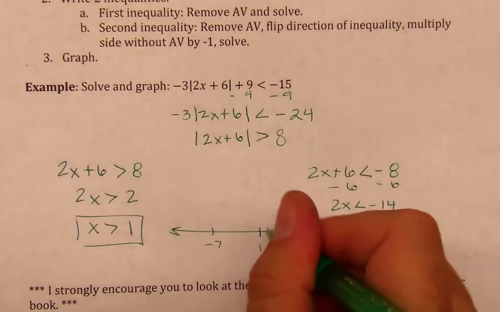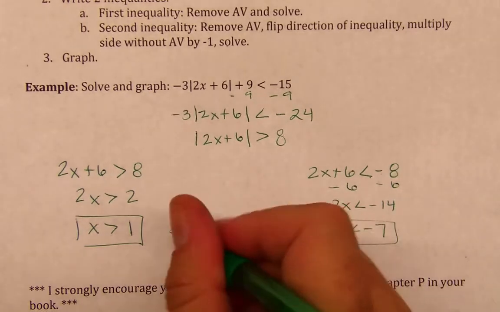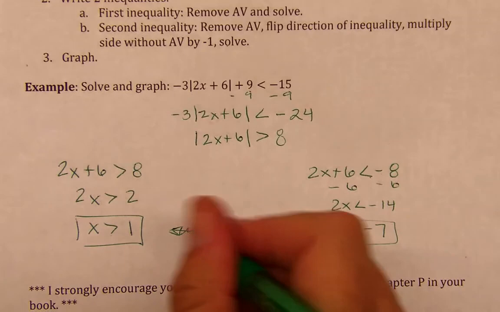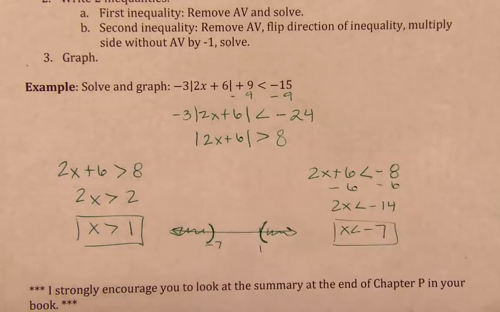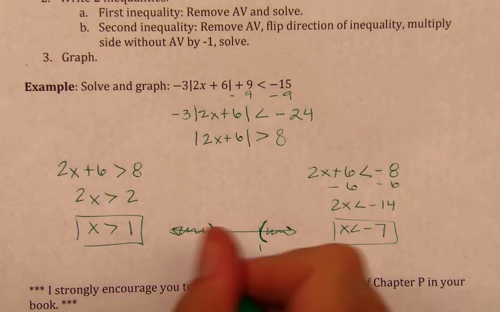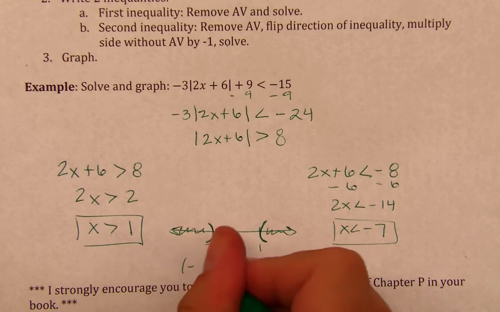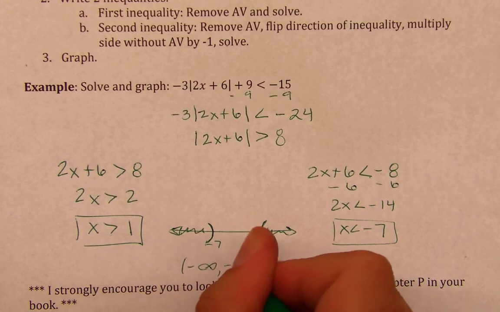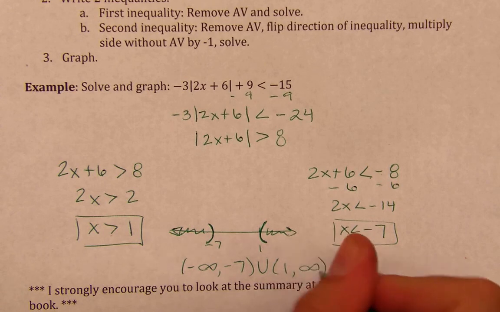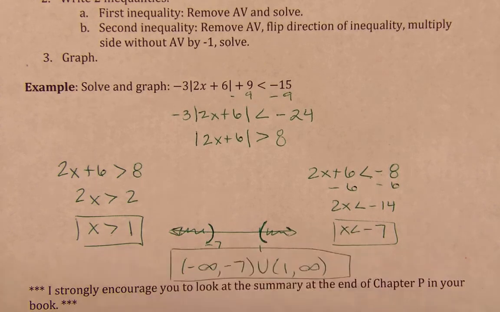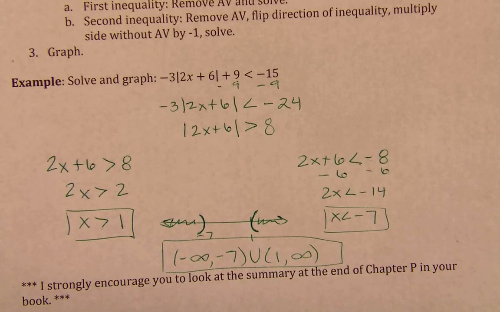And x is greater than 1 or less than negative 7. And we've got parentheses on both of these. And so that's what the graph would look like. And we can also write this in interval notation. We have negative infinity all the way to negative 7, union 1 to positive infinity. And that's our solution.